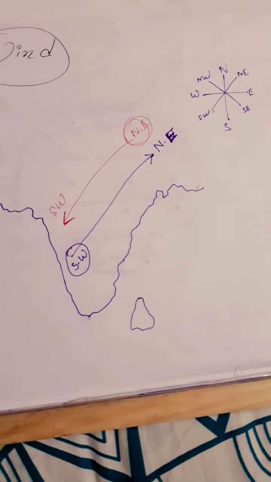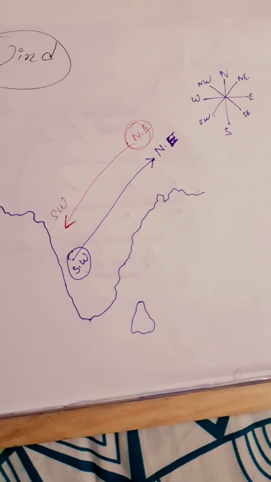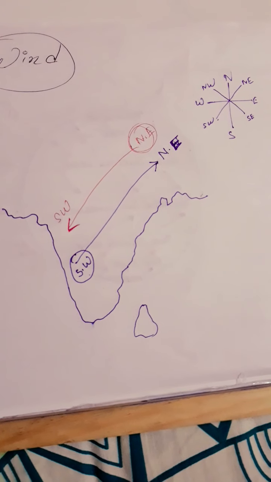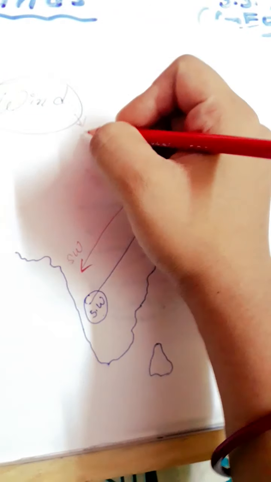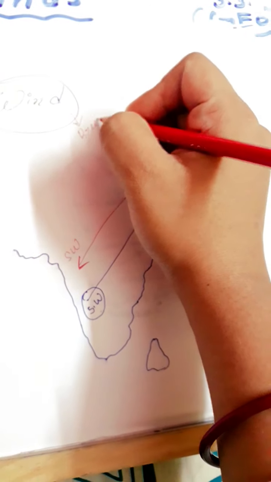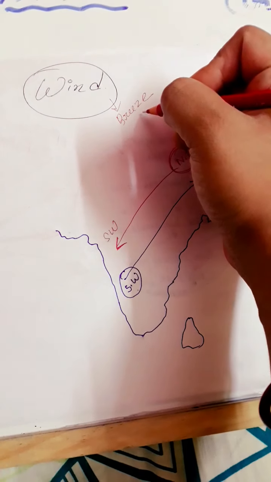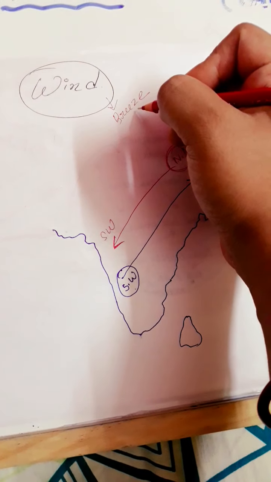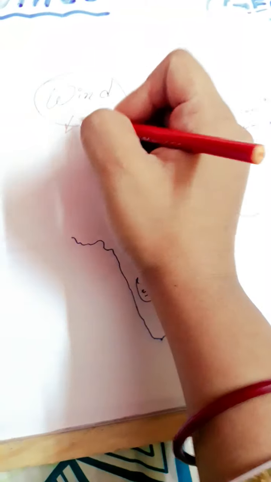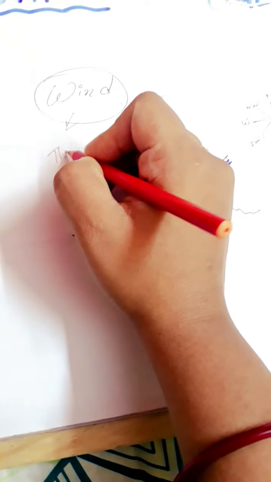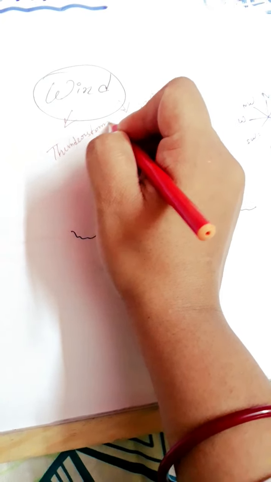Now there are different terms we use. When winds are very gentle, we can call it a breeze. When the wind has destructive power, we can call it a thunderstorm.